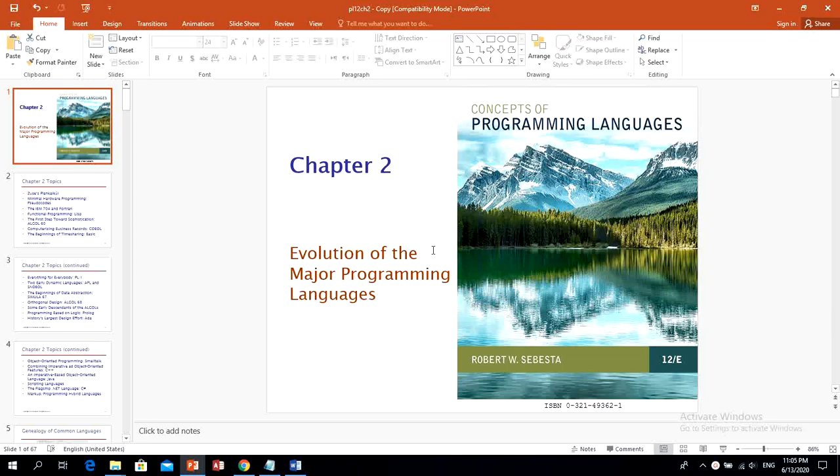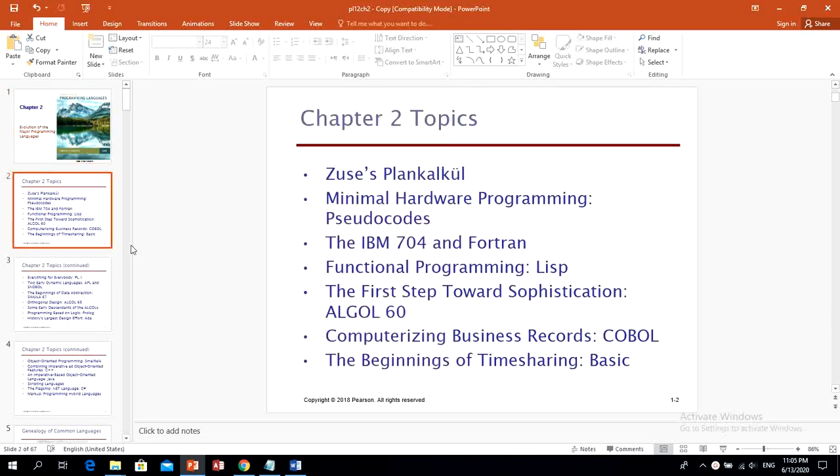So we're gonna start from the early programming languages like Plankalkul, developed by Konrad Zuse from Germany. Then we will go over the minimal hardware programming languages like pseudocodes, like Short Code and Long Code. Then Fortran. Then functional programming, starting with the Lisp programming language.